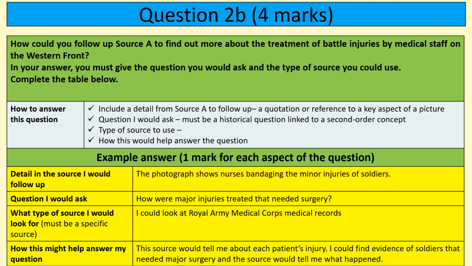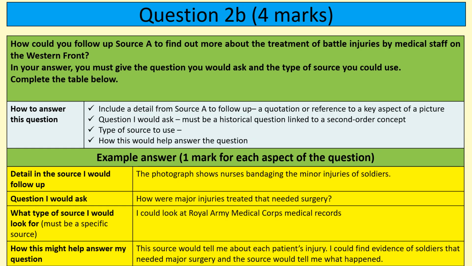But there are some things where, for example, if your question doesn't link to the detail in the source, you're not going to get the mark for that. So you need to include a detail from source A to follow up. The question you ask must be a historical question. Try and think about linking it to a second order concept and make sure that it properly follows up that detail in source A.